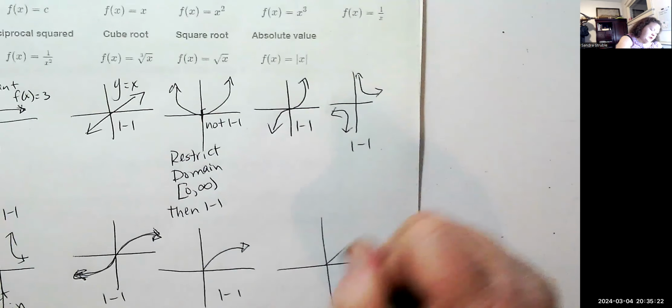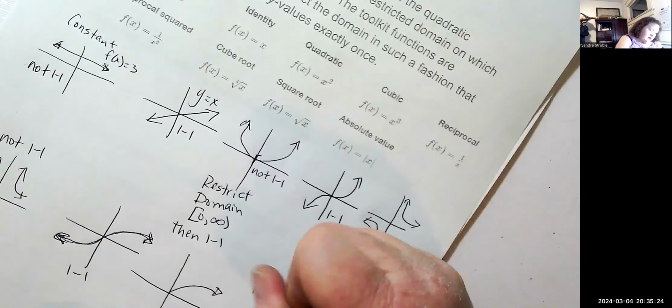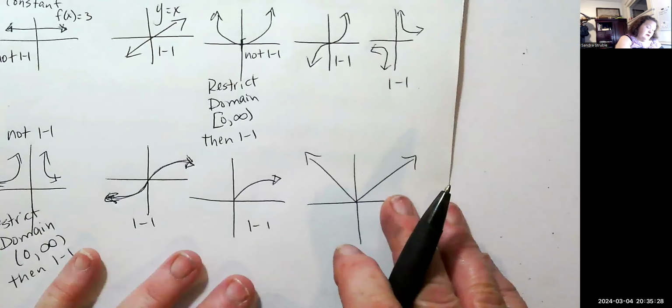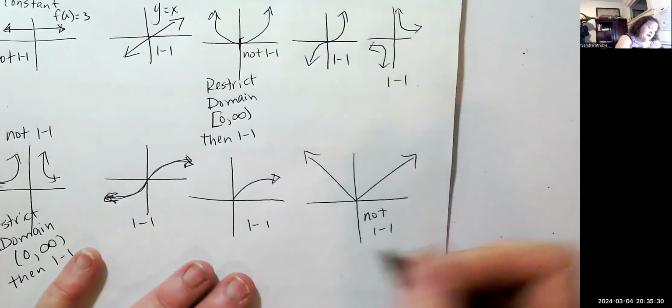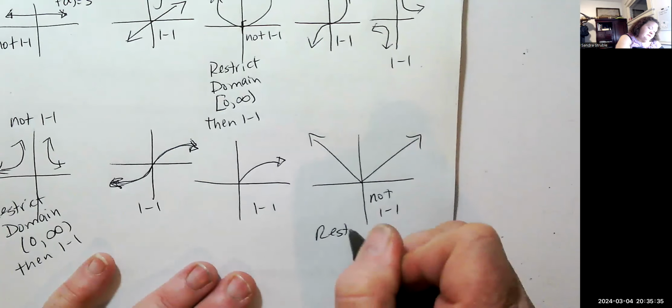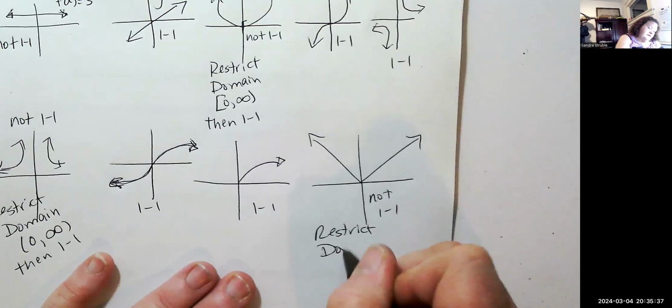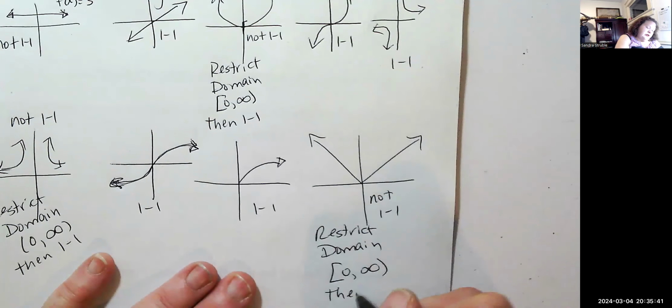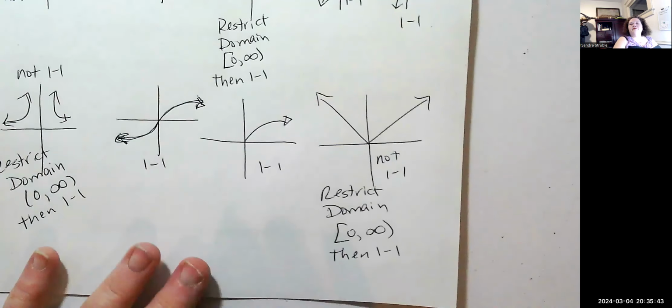It is not 1-to-1, because of the horizontal line test. Not 1-to-1, but we can restrict it just as we did the quadratic. Restrict the domain from 0 to infinity. Then it is 1-to-1. Okay.